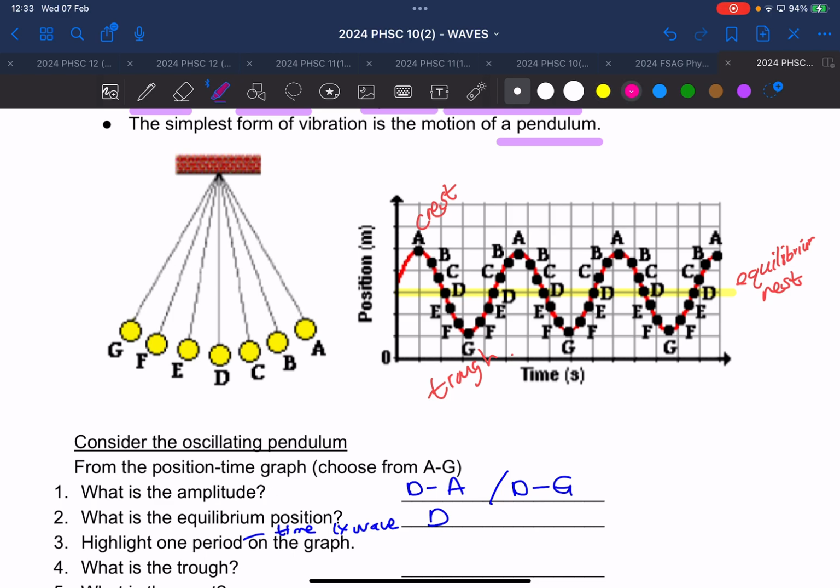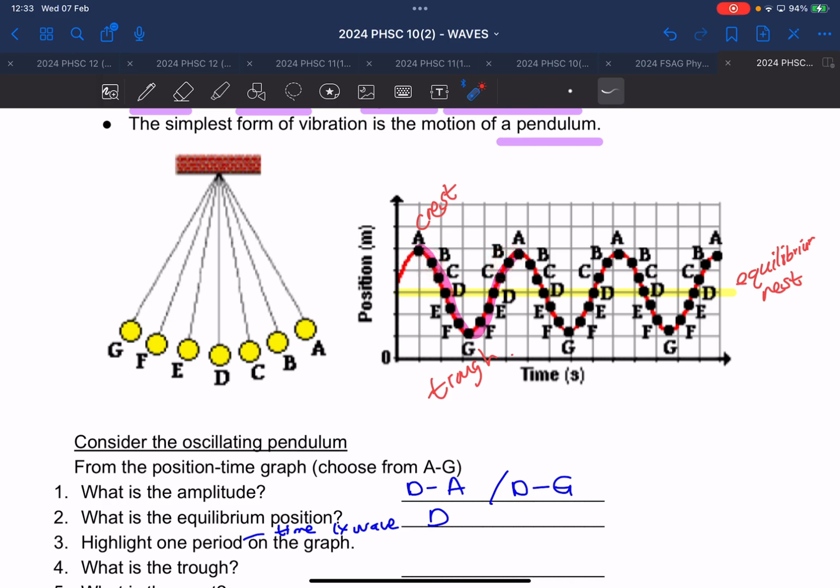Now here you can choose, because one wave can be anything. It can be from A to A, or it can be from B to B, or it can be from D until D. You can choose whichever one as long as it's one wave. So I'm going to choose from A until A. My question to you, Karabu, is could I have highlighted from this B to that B?